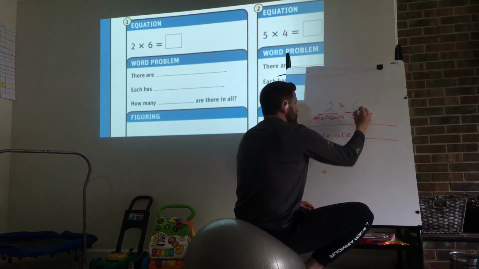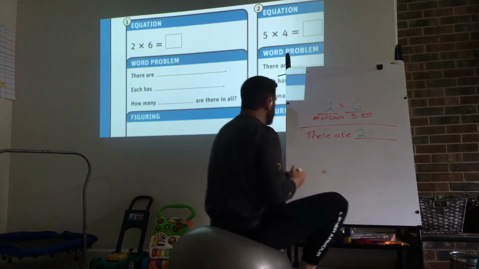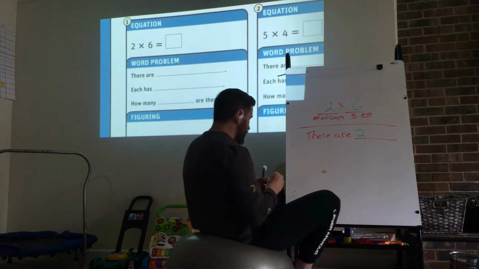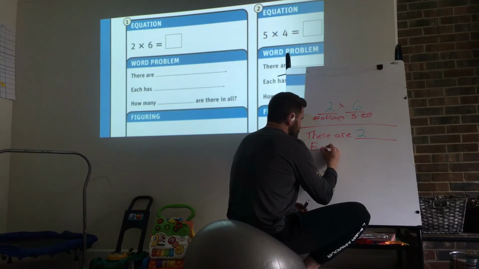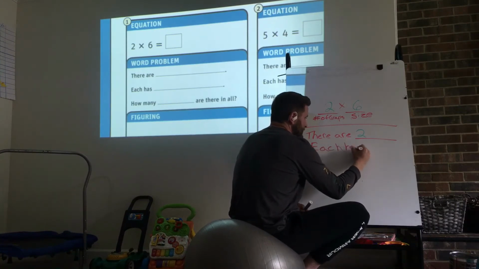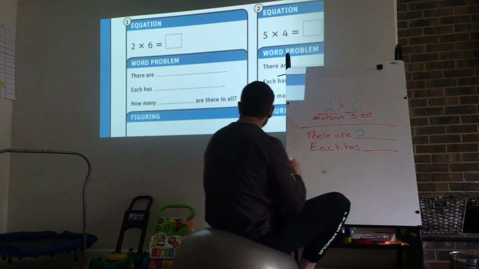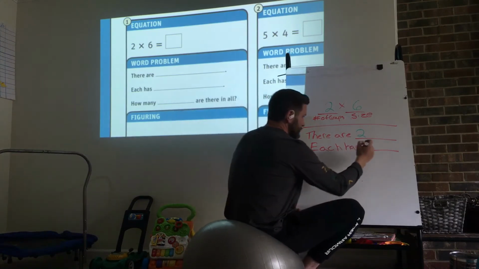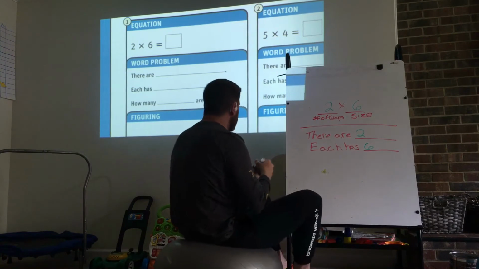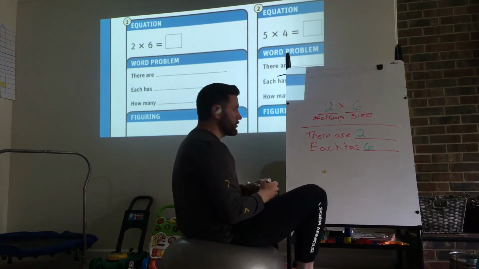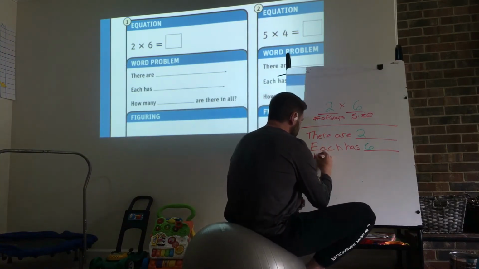2 times 6. So we need 2 what? 2 of something. And then each has blank. 6. So 6 of something. So the size of the group has to be 6. The number of groups is 2. Hopefully you're thinking in your mind of something you could use.